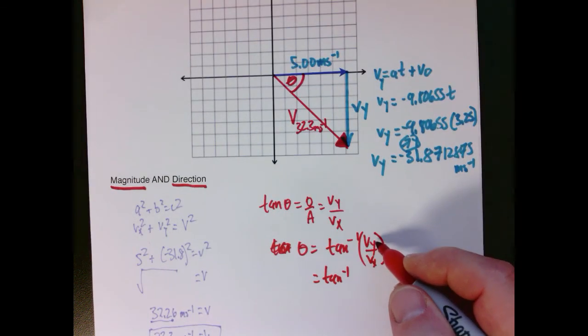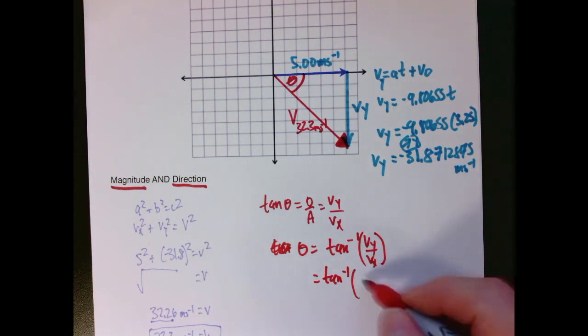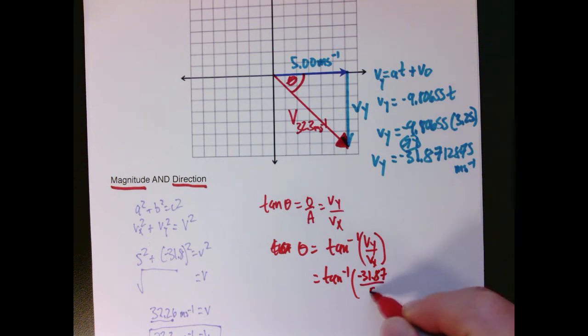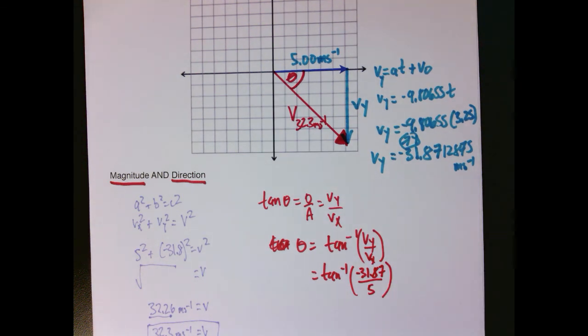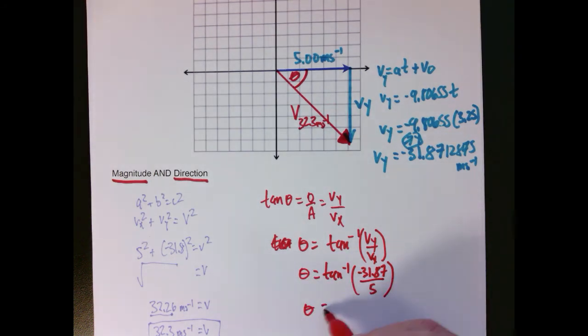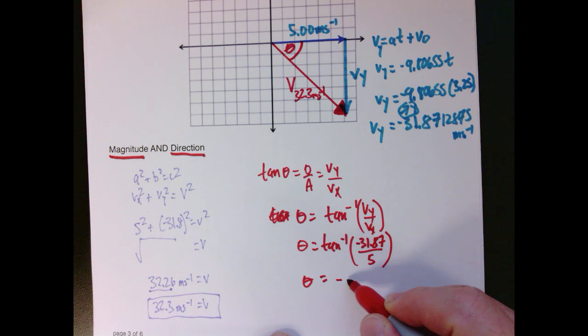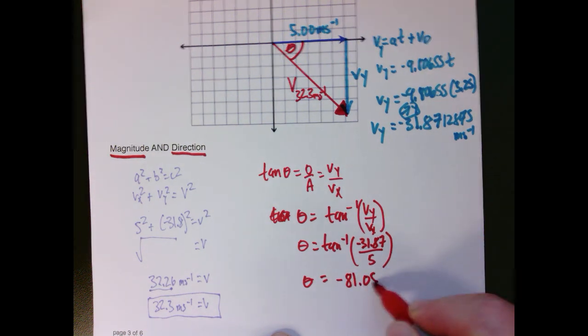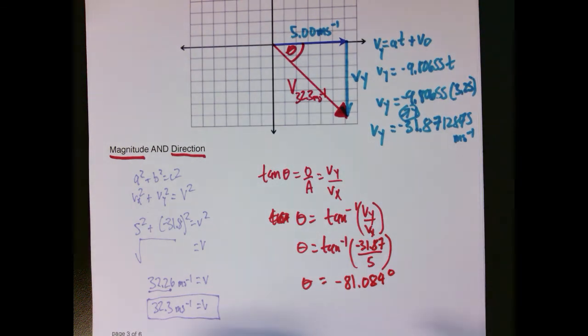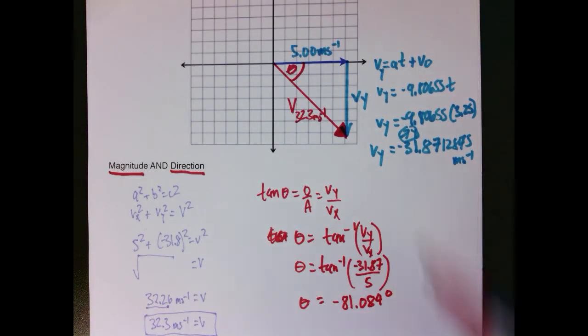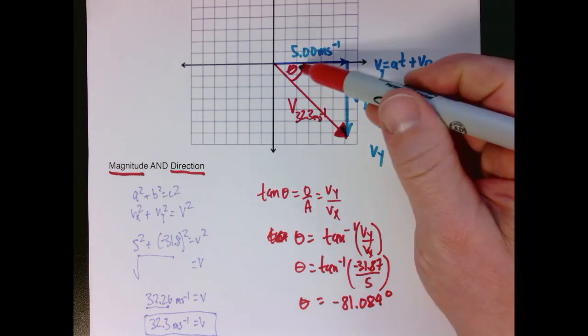And this is, again, a good reason I stored Vy, so I can use the unrounded value. So the value that comes out is negative 81.084 degrees.